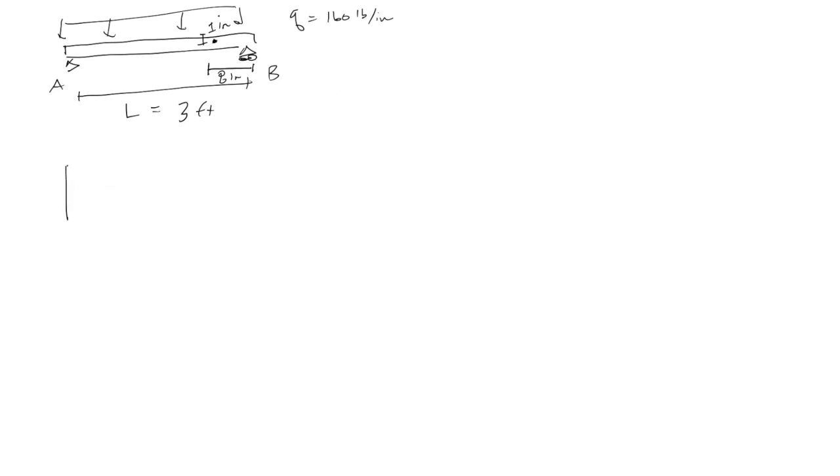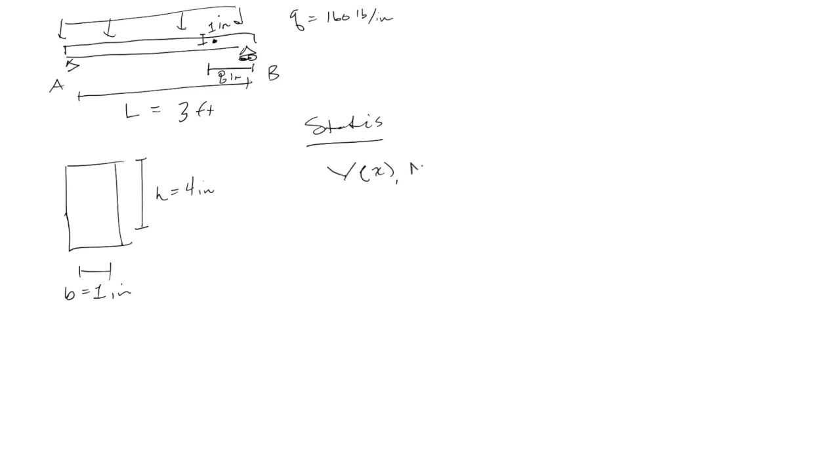It's a rectangular cross section. So we end up with h equals 4 inches, b equals 1 inch. Okay, so the first thing you do is statics, because we want V of x and M of x at the point specified.